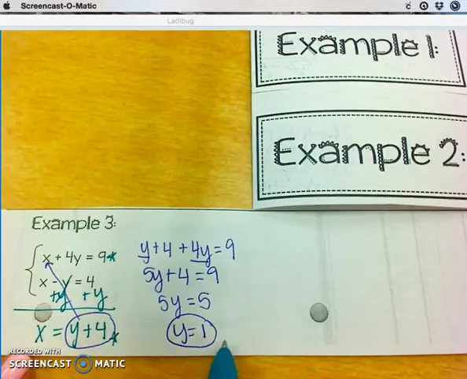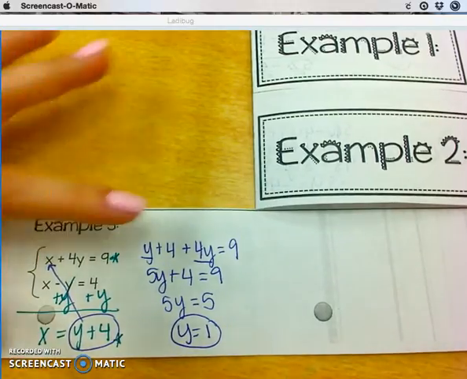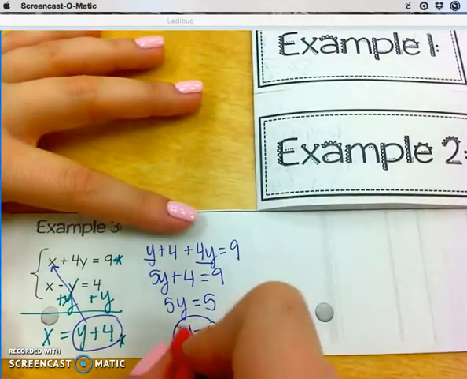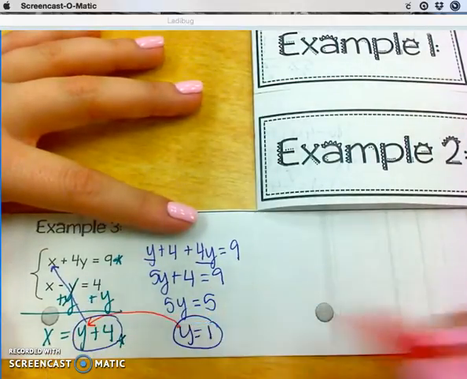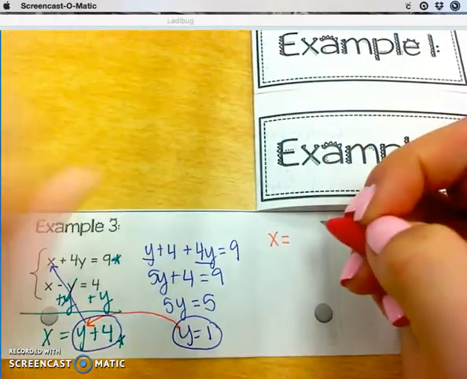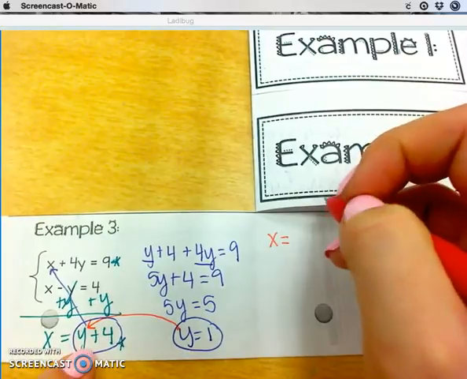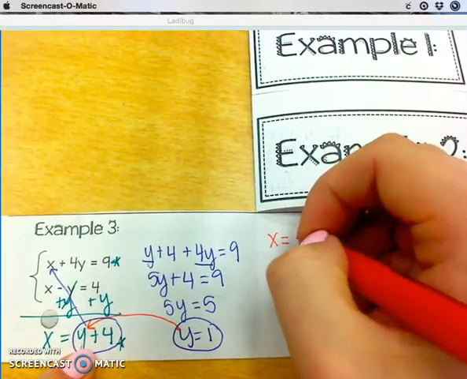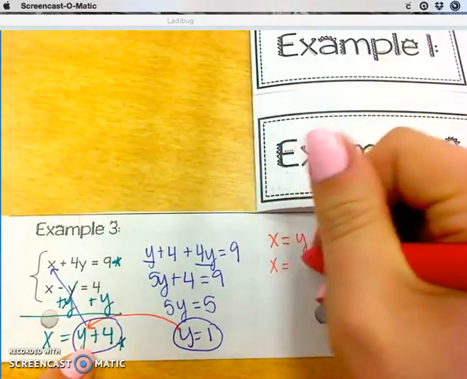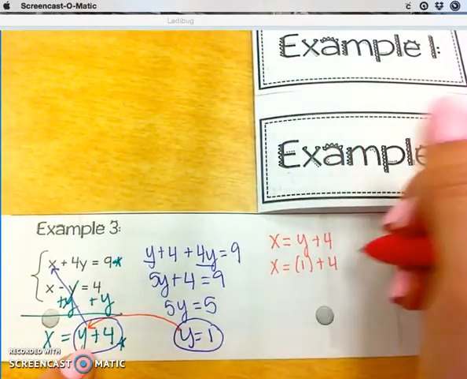Now I'm solving for x next, so I'm going to plug it in to the easiest equation, which is going to have it right in here. So x equals, we're plugging in 1 for y. So instead of y plus 4, I'm plugging in 1 plus 4.